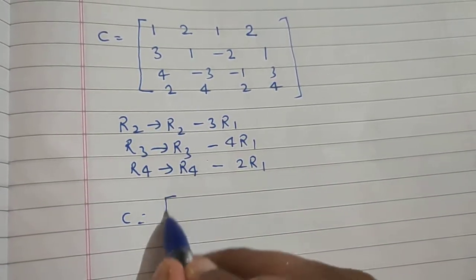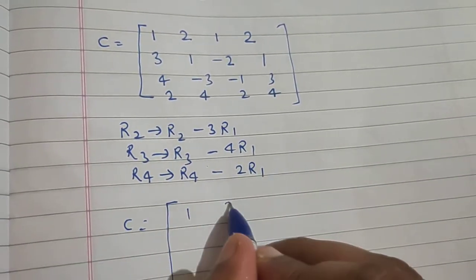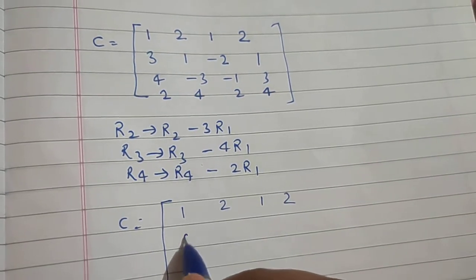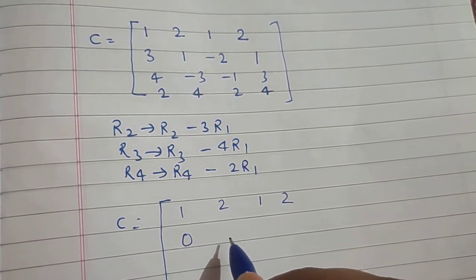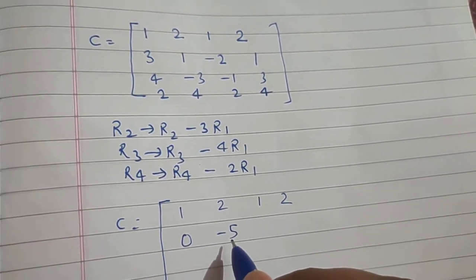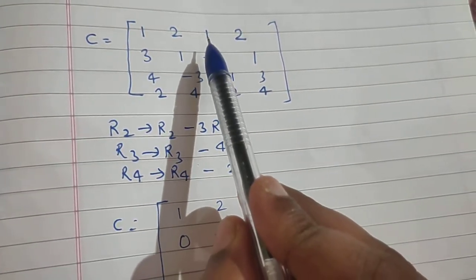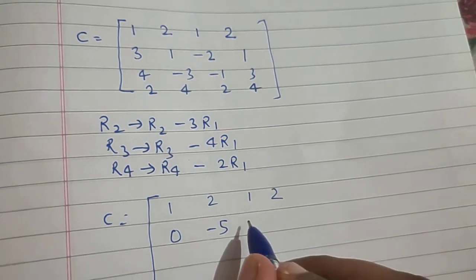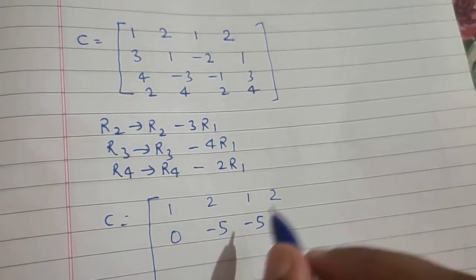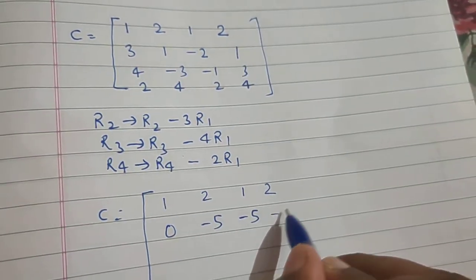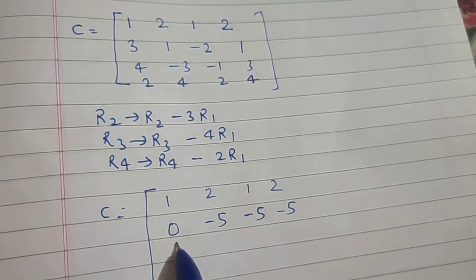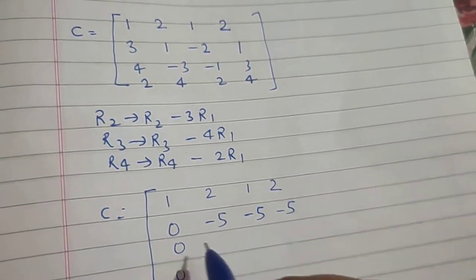So our augmented matrix will become 1 2 1 2, 0, 1 minus 6 is minus 5. Okay, so this is a minus 3, so this will again become minus 5. Then 1 minus 6 is again minus 5. So this is 0, this is also 0.